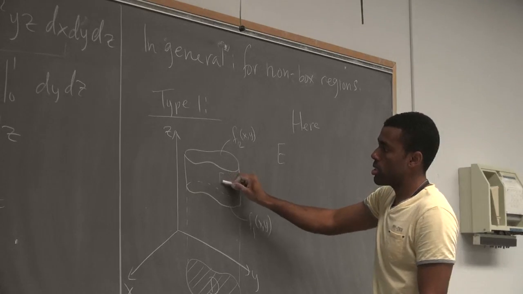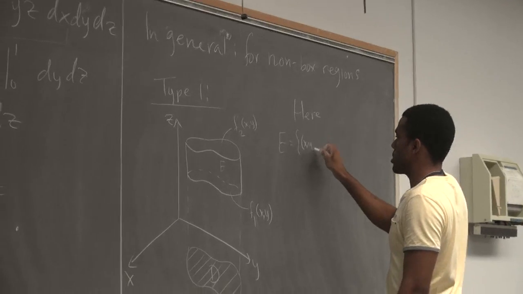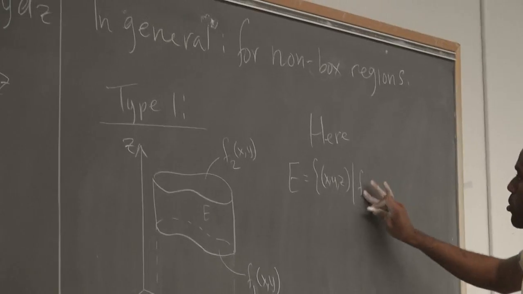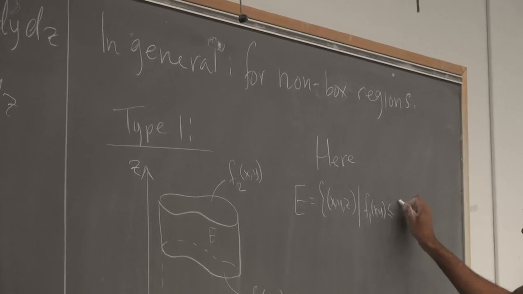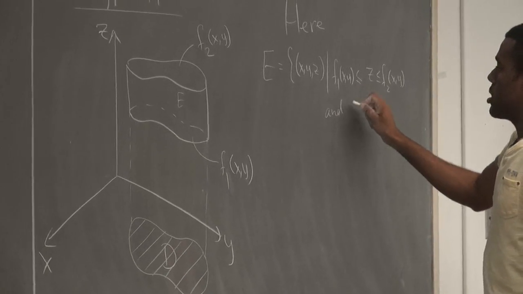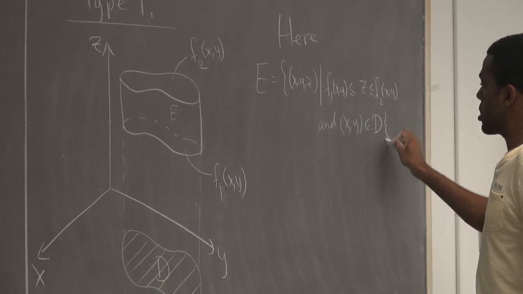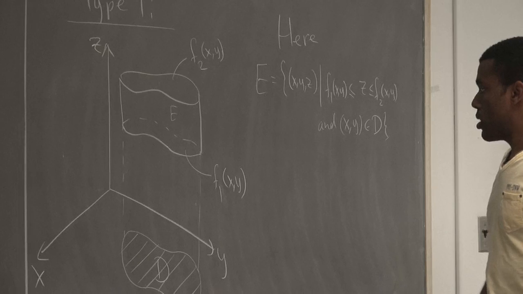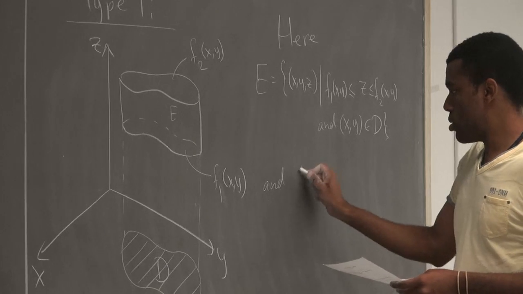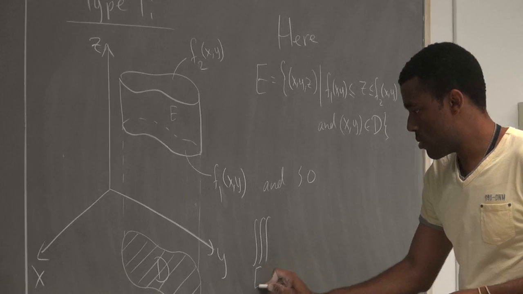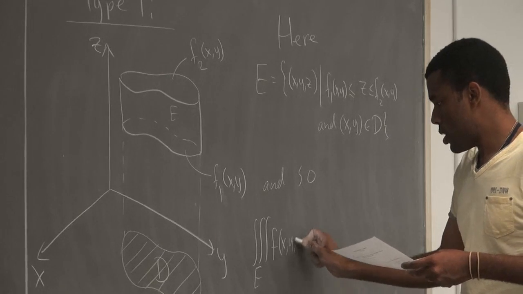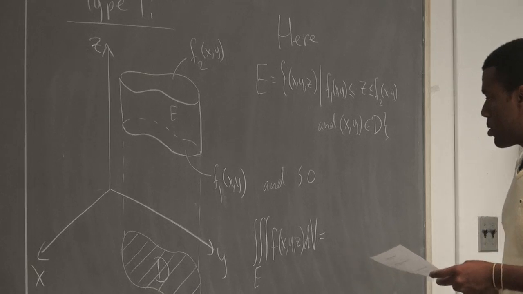Here, your object E is described in the following way: the set of all points x, y, z such that z goes between f1 and f2, and (x, y) is in D. So the triple integral over E of f(x,y,z) dV is going to be equal to the following.